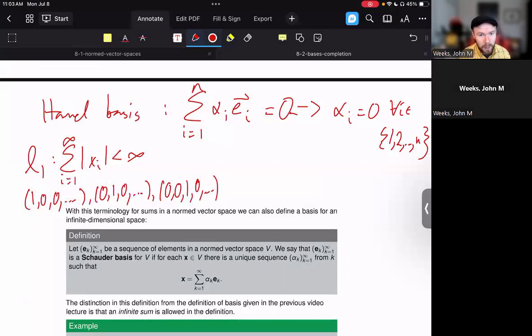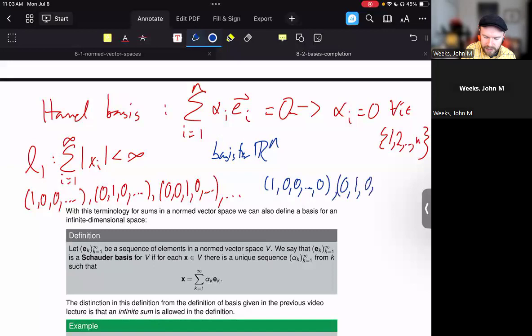Now, this basis that I'm forming for little l1 is infinite dimensional because I can't stop at any one spot and say, okay, well, any element inside of little l1 could be spanned by just putting ones inside of the first n positions. How do we think of this in terms of Rn? In Rn, we have a similar notion. In Rn, we will take our finite coordinates this time and just put a 1 inside of each coordinate that you could be using inside of the basis for Rn.